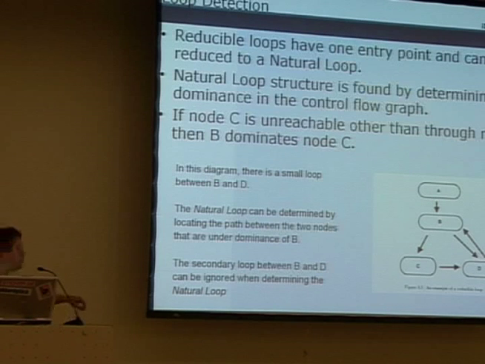It's best demonstrated where B and D call back and forth into each other. There's a pathway between those two, but our actual loop goes through A to B to C to D and back to B. So a natural loop is that A to B to C to D, and we want to eliminate the possibility that B and D should be treated as a loop, because it's actually not. It's just a reference back into the higher function. Maybe it just jumps prior to where it was.